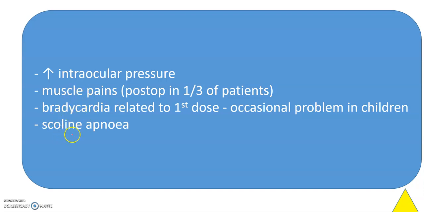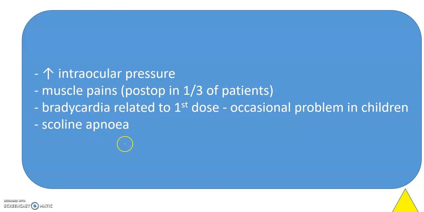Choline apnea. Choline is succinylcholine actually, what we call suxamethonium or succinylcholine. So it's called choline apnea, causing stopping of breathing. No more breathing is called apnea. A means none. Apnea is no breathing.